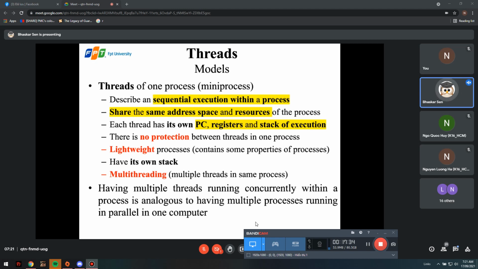They share data, and because of that, we also have a little bit of a problem, race condition. They share data. They also share the resources of the parent process, and they share the address space. These are the three most important things that they share.